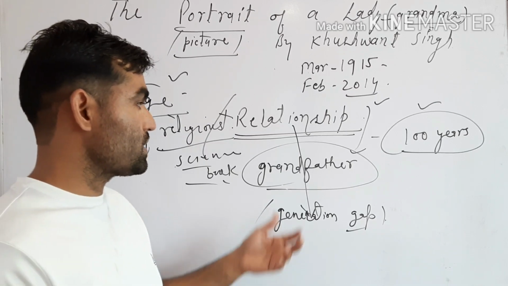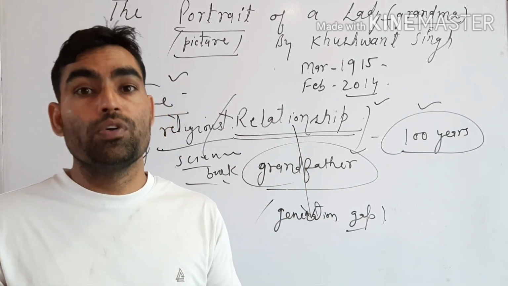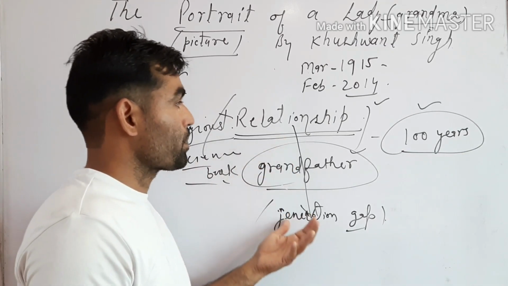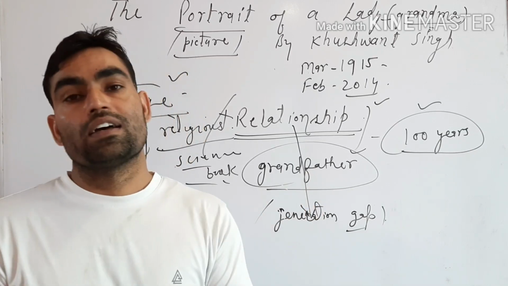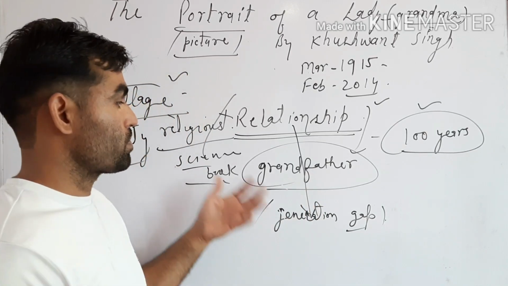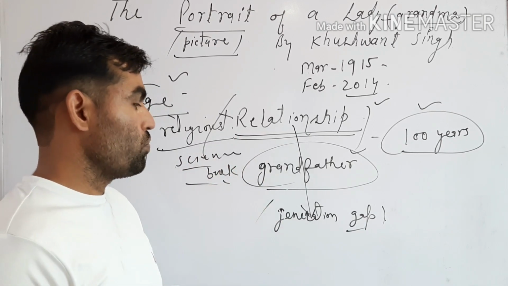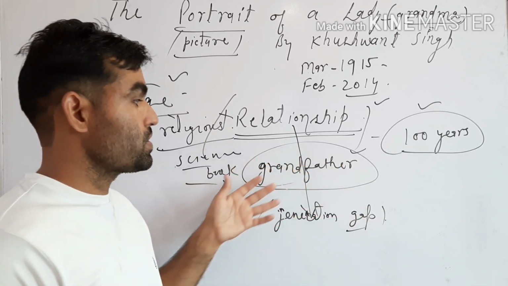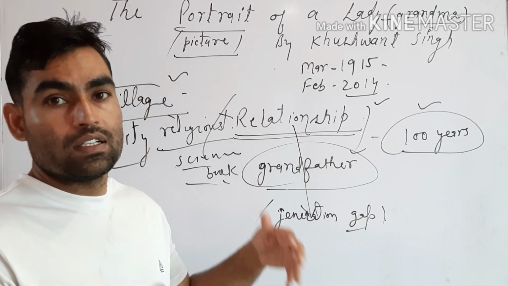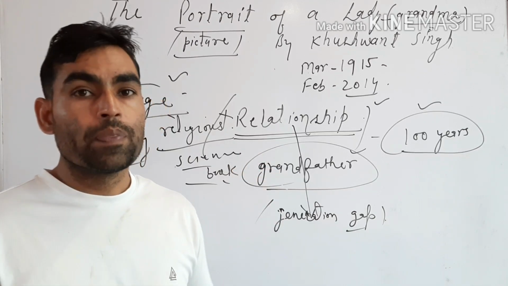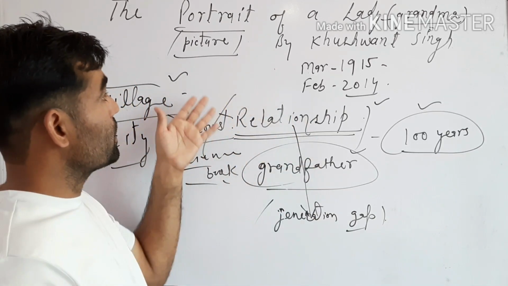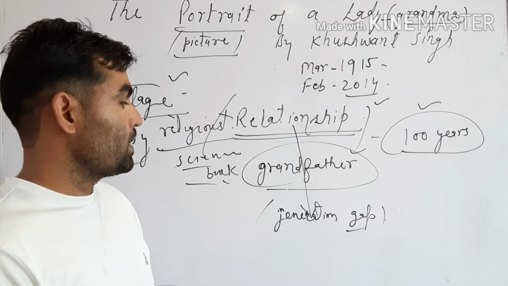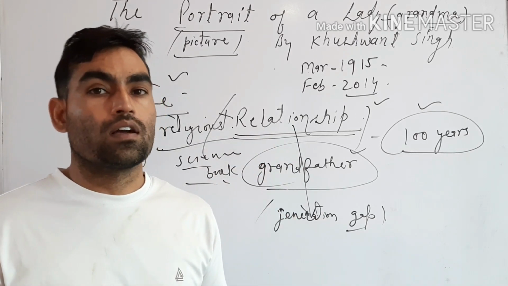So we can learn that such relationships should be there between a grandmother and a child, and we should follow them. We shouldn't think about the generation gap. Nowadays, because of the generation gap, a child is not understanding his grandpa, or even his parents. In such a situation, lessons like The Portrait of a Lady will teach us that our relationship should be intact, come what may.